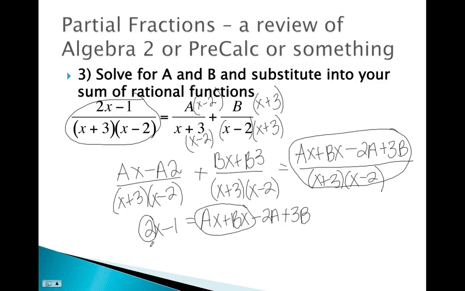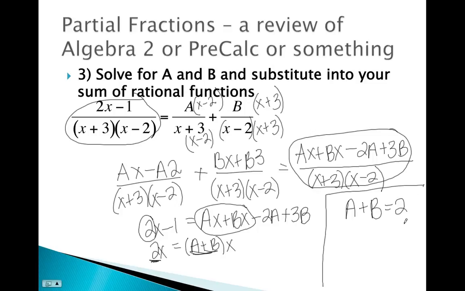So in other words, 2x must equal a plus b times x, which means 2 must equal a plus b. And then the constant terms, negative 1, must equal the constant terms over here, negative 2a plus 3b. So negative 2a plus 3b must equal negative 1.